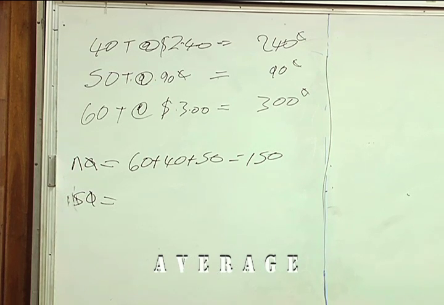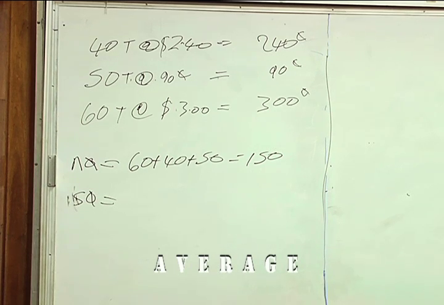Look here now. He sells 40 tins at $2.40 per tin. That means each tin costs $2.40, not $2.40 for all the tins. It's 40 tins at $2.40 each. You understand the difference? Good.